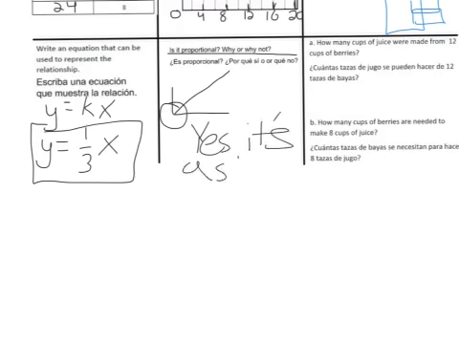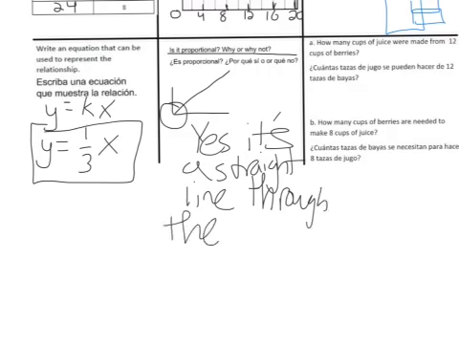Well, if we look at the graph, it's a straight line, and it goes through the origin, 0, 0. So we would say yes, it's a straight line through the origin.